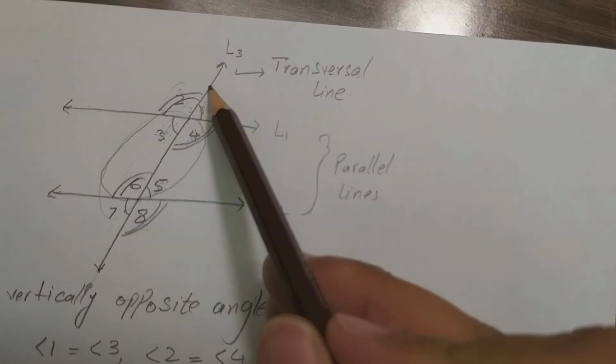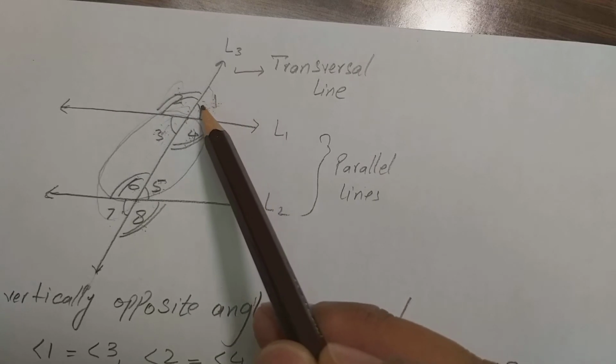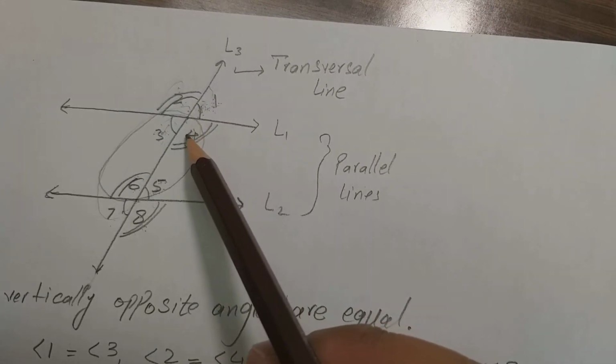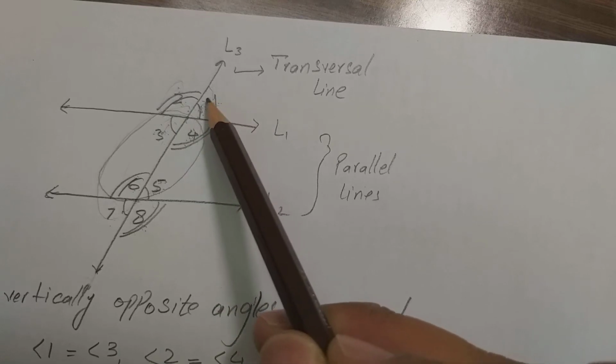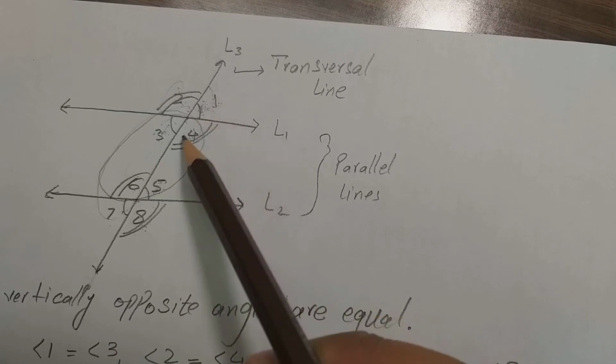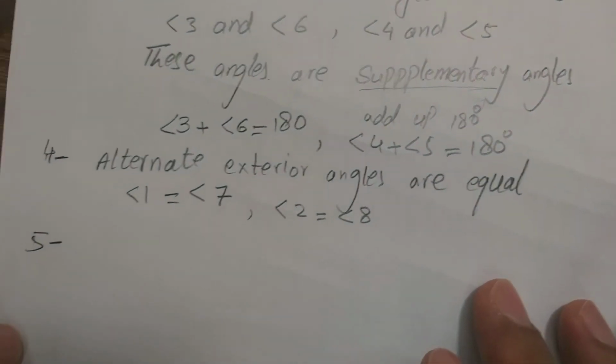Or you can say angles on a straight line add up to 180. If this angle is 100, this would be 80; if this is 75, it would be 105. So they add up to 180.